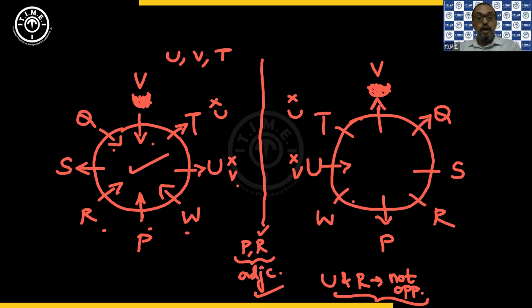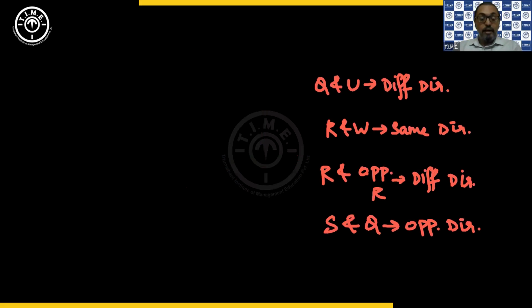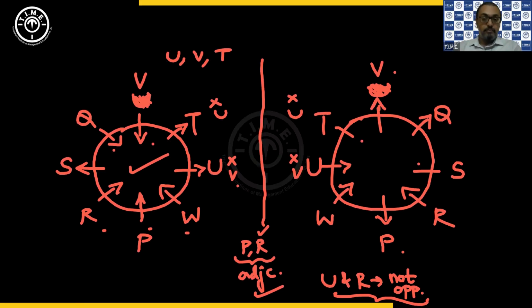Now what happens if R and W are facing the same direction, away? Since V and P are already facing away, I cannot give away because I know there are only 3 people facing away. So V and R should also be towards the center, correct? Then in that case, we have R and the one opposite to R different.